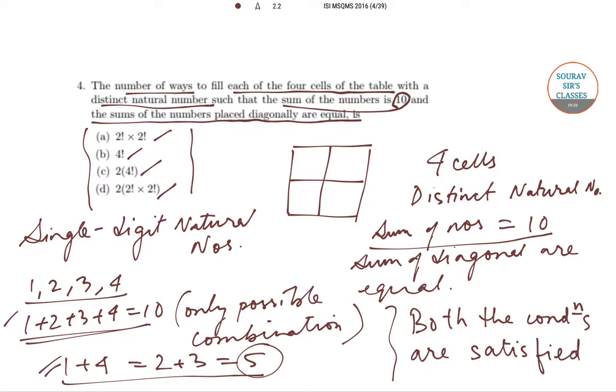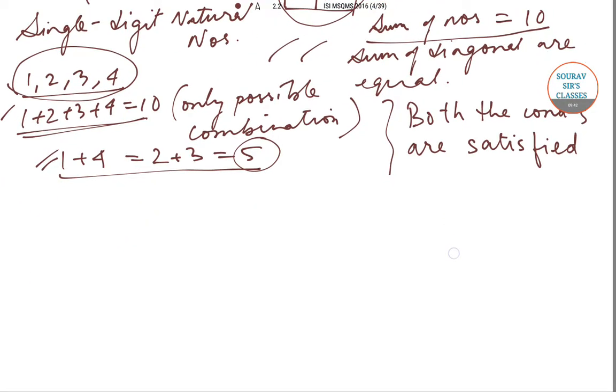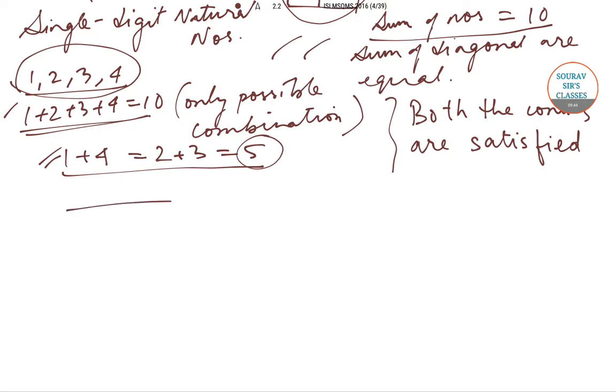So now we have to find out the number of ways in which 1, 2, 3, 4 can be arranged in this table, which has 4 cells. Let us use the space below to solve this problem. Firstly, let us draw the table.